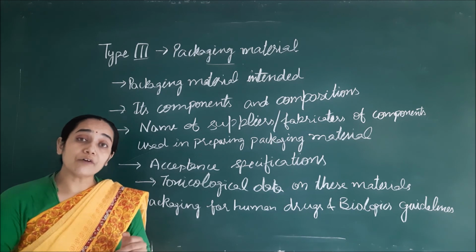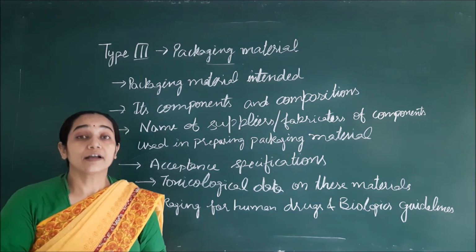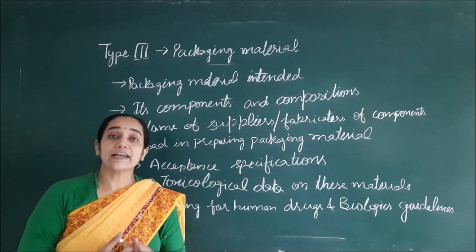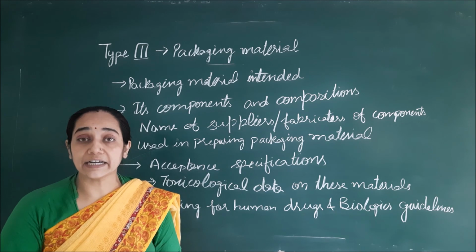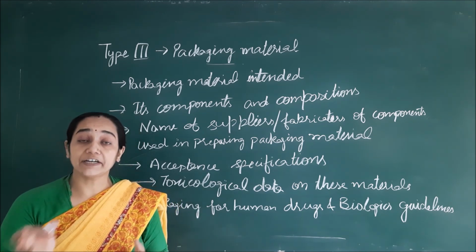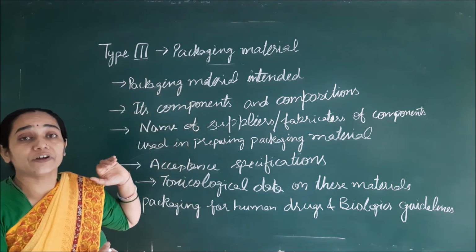So in order to avoid the adsorption of the insulin over the surface of the glass bottle, a certain inert coating, an epoxy vinyl coating, is given inside the glass container, or either an additive will be added to prevent it. Now we are considering the packaging material over here.